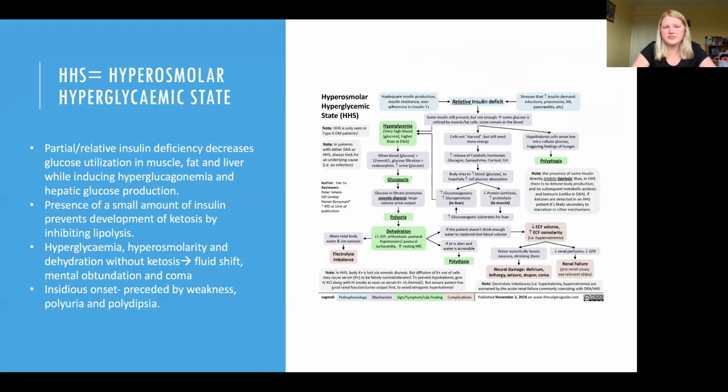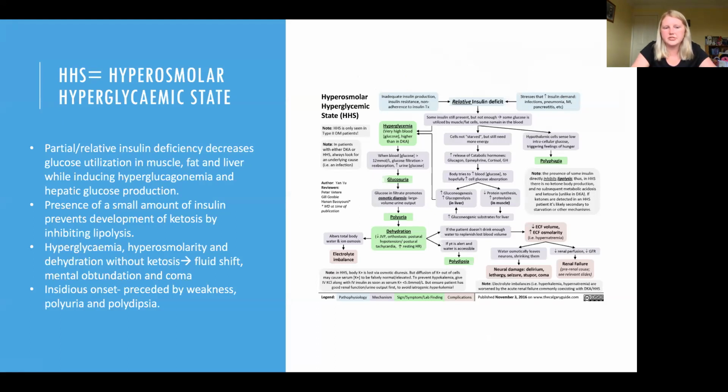So this is more just for an added point, but whilst there's DKA in type 1 diabetes, there is a similar condition in type 2, which is HHS. It had previously been called HONC as well. But basically, because there's still insulin available, we don't get to a point where we see DKA.